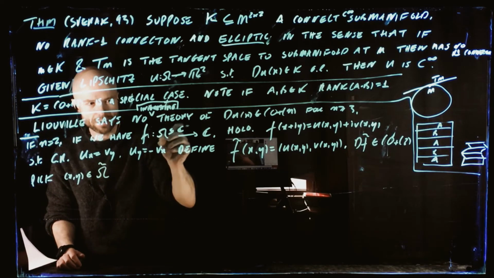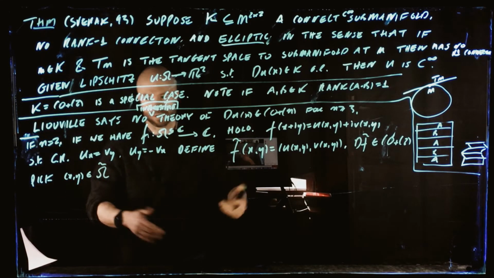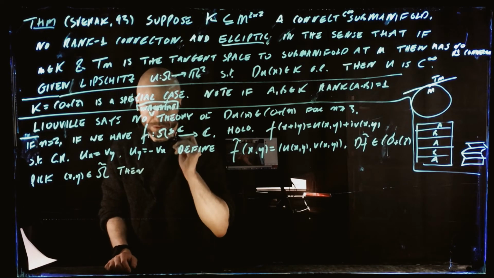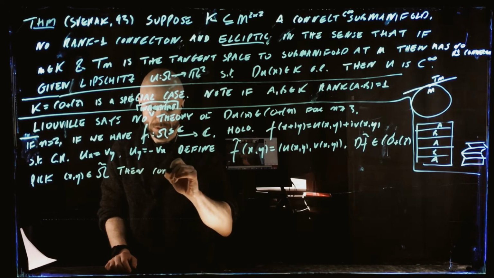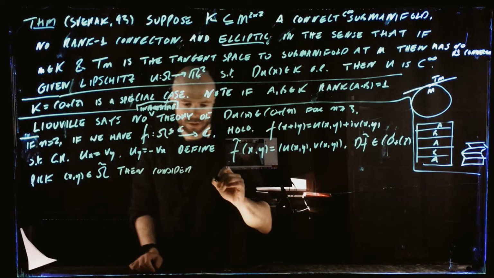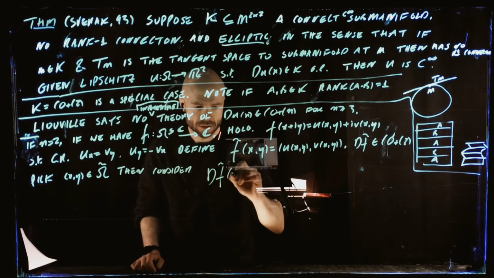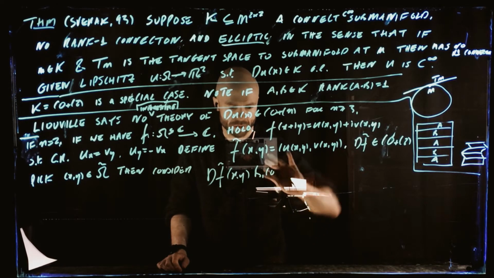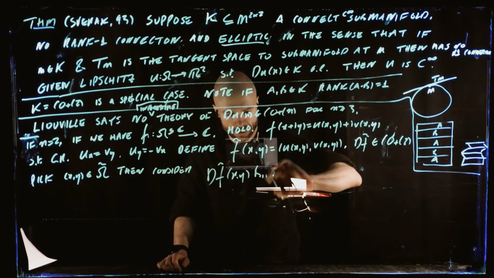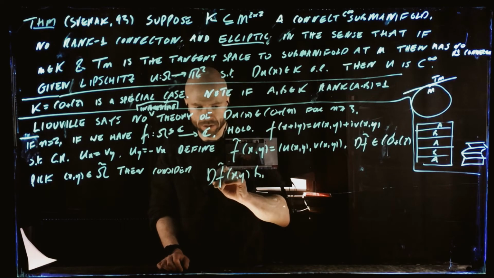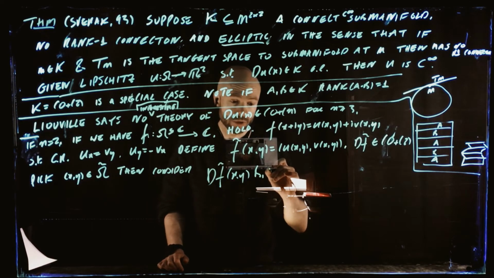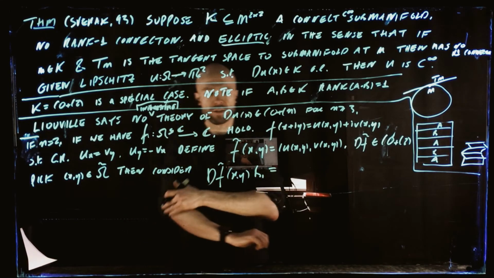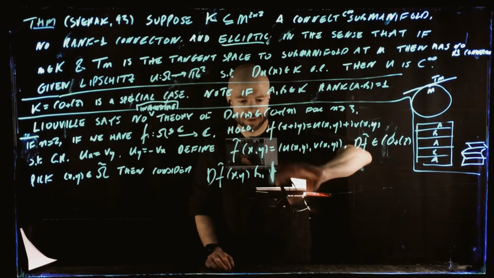Let's call it the new region. So we're turning this complex region into a real region in an obvious way. Then consider the image of the gradient of f tilde at x, y acting on the unit ball B1 centered at 0. Then what is the shape of the image of the ball acted on by the gradient itself? What is it?